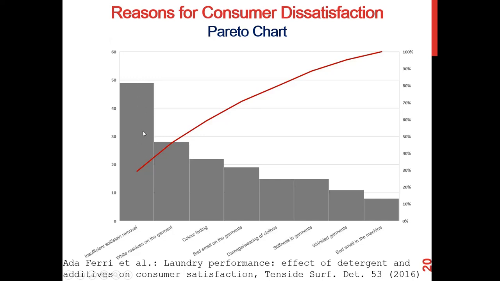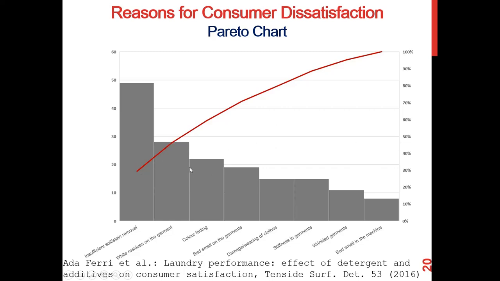So that 48 number, if I consider the total number of people, is approximately 28% of the entire population. So this red point is at 28%. Why? To indicate that 28% of people had this reason. Then the next point is around 47% or something.